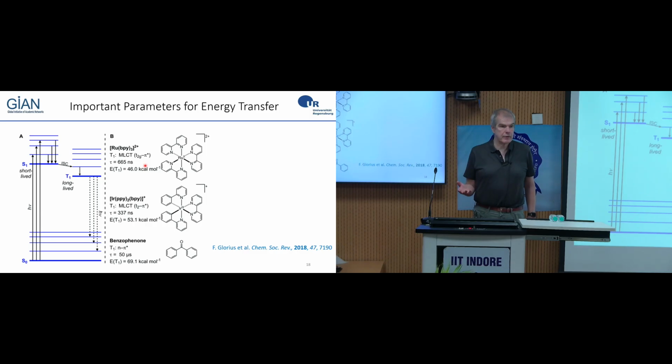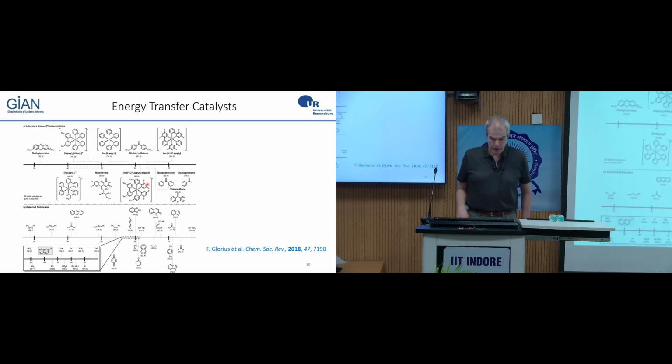But that also tells you that if you don't know the triplet gap of your substrate, it makes a lot of sense to try different photocatalysts to get an idea. And then maybe in some cases you use a photocatalyst which does not have the right triplet energy, and then this might be the reason it doesn't work. But in principle, the reaction would be okay.